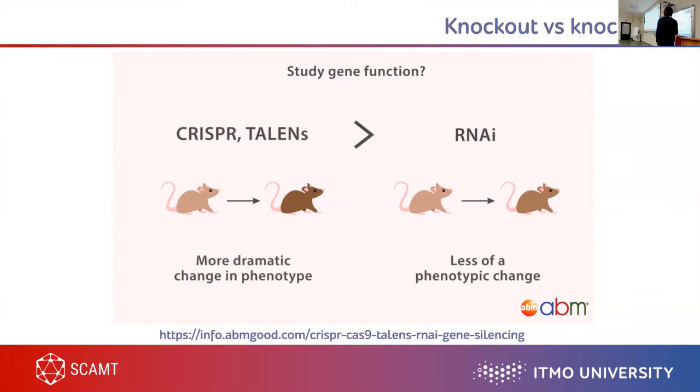As you can see, there is a dramatic change in phenotype. If we conduct a knockout, these changes are dramatic. In case we knock down, or if we use RNAi or other tools for knockdown, the mouse will go from tan color to milk chocolate color, because knockdown will not cause a dramatic change in phenotype. The phenotype will be changed, but not as dramatically as in the case of knockout.